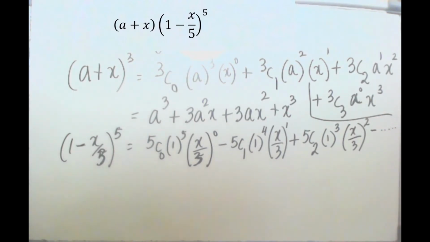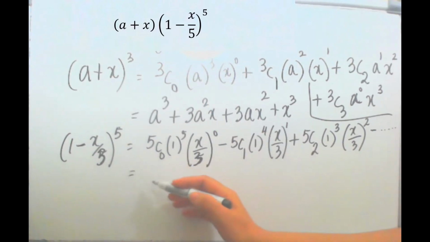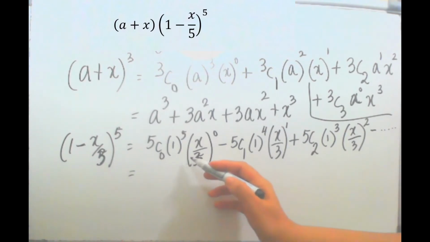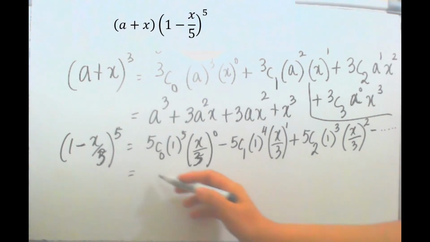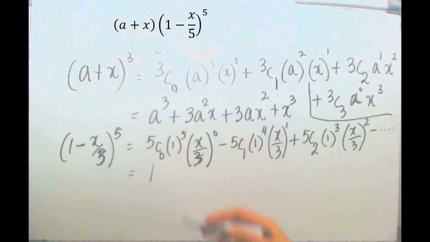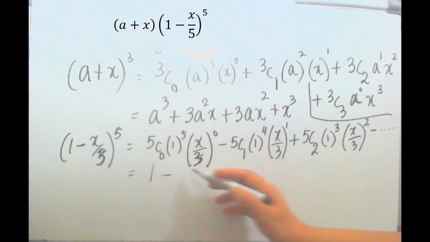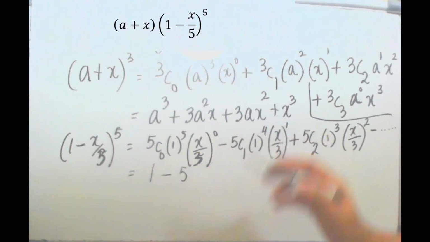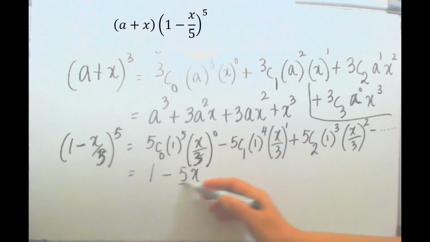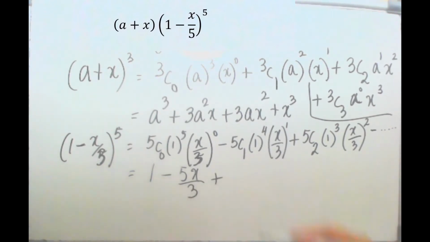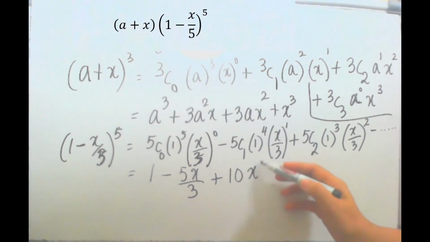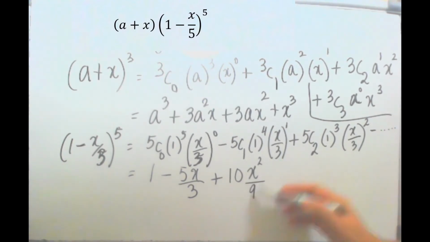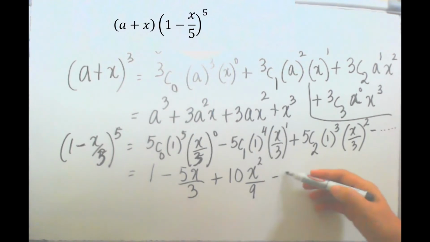Alright, so after the expansion, let us simplify this. So 5c0 is 1, 1 power 5 is 1, this bracket power 0 is also 1, so that will give us a 1, minus 5c1 is 5, 1 power 4 is 1, it is x by 3, plus 5c2 is 10, 1 power 3 is 1, x square divided by 3 square, which is 9, minus so on.